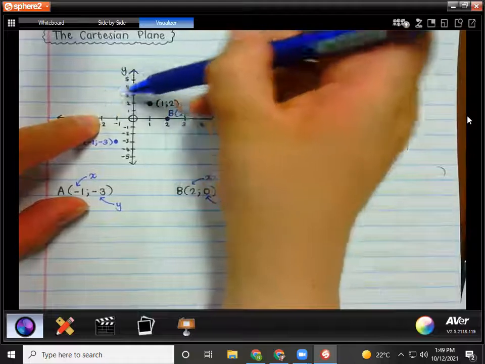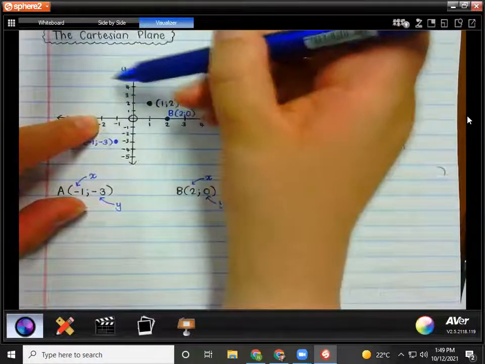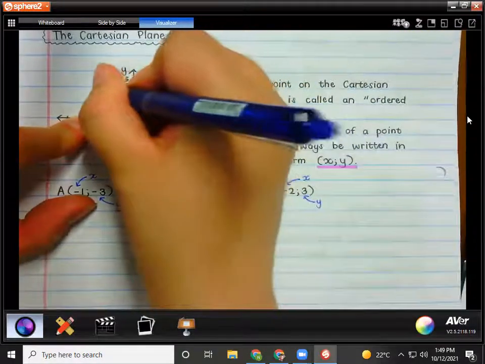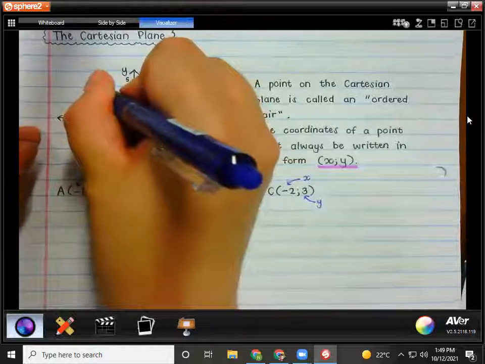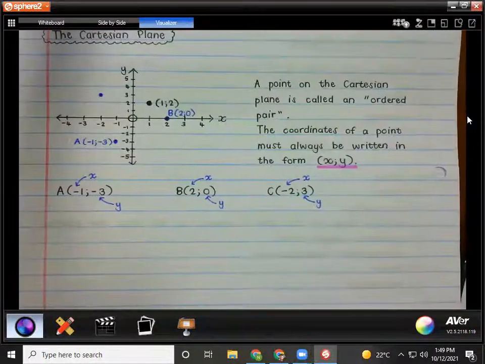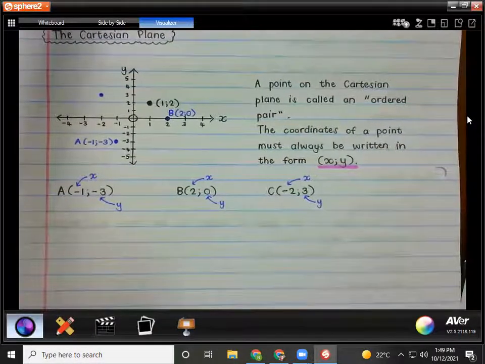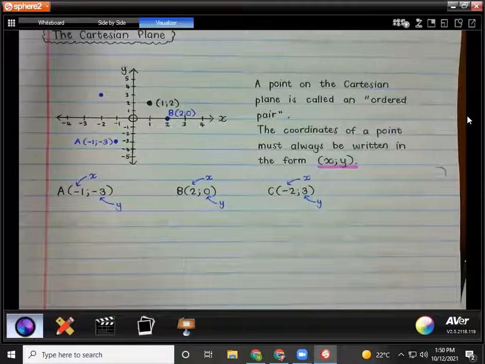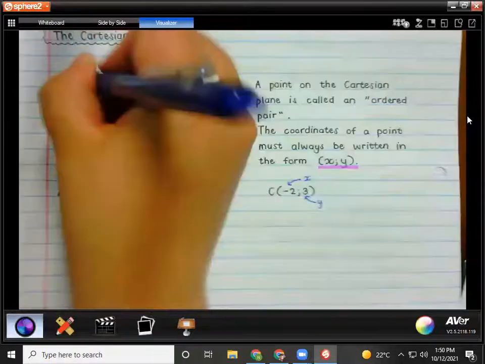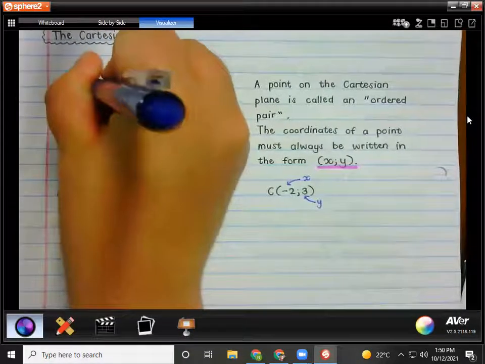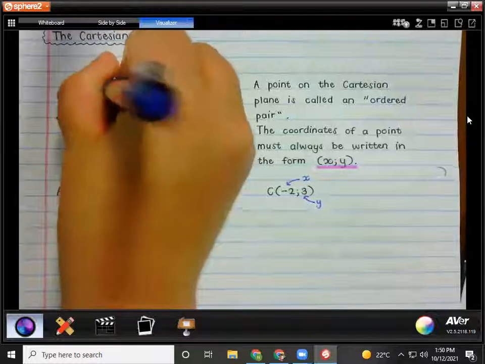There where the two values kind of meet, right? So you're going to plot your point over there. It's fine if it's not perfectly in line with those values, right? But just try your best. So it is directly above -2, but also directly next to 3. Okay, so C is the point -2, 3.